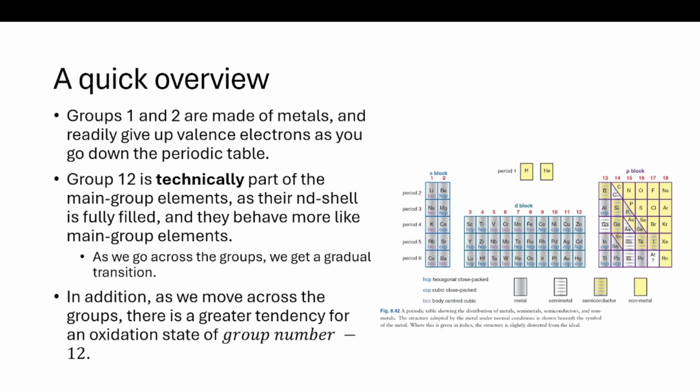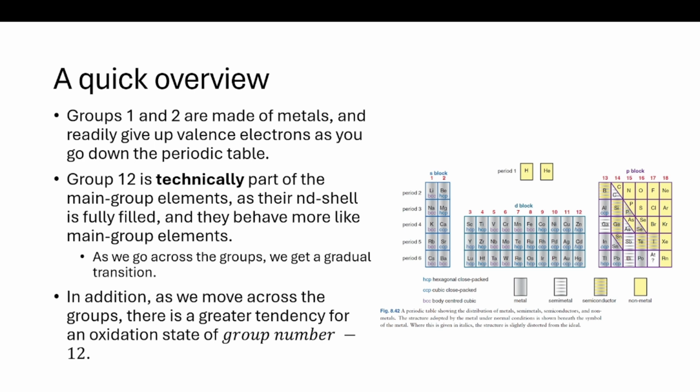Now, if you remember me talking about oxidation states back in chapter 1, essentially it's just a way to describe the, quote unquote, I'd say, charge on an atom. And as we move across the groups, we get a greater tendency for an oxidation state of group number minus 12.